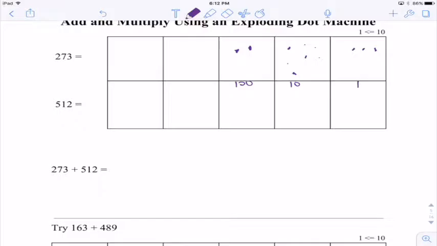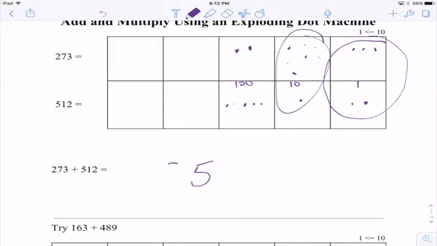For 512, we'd have 5, 1 in our tens, and 2 in our ones. If we were to add them all up, we'd have a grand total of 5 in our ones, 8 in our tens, 7 in our hundreds.